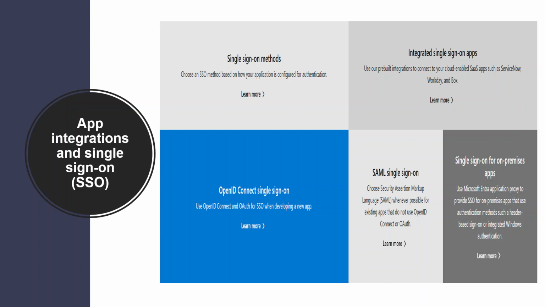But if the application doesn't support OpenID or OAuth, they can also use SAML. So it supports SAML also. We can connect Microsoft Entra ID with on-premises applications also for single sign-on options. So it will get integrated with the Windows system on the on-premises system.